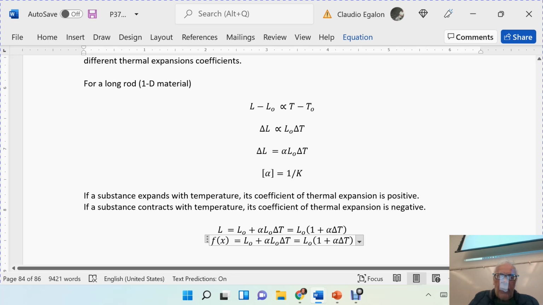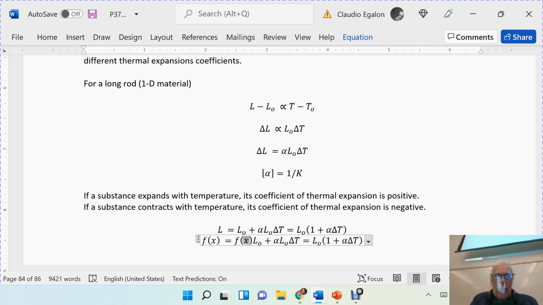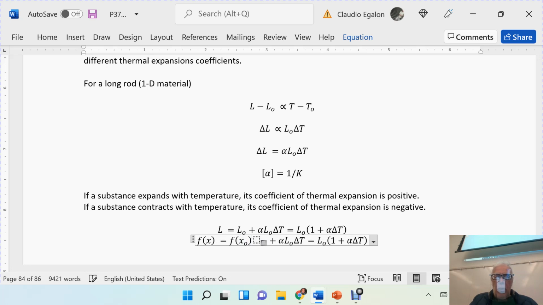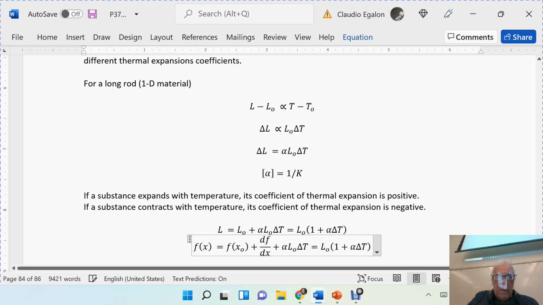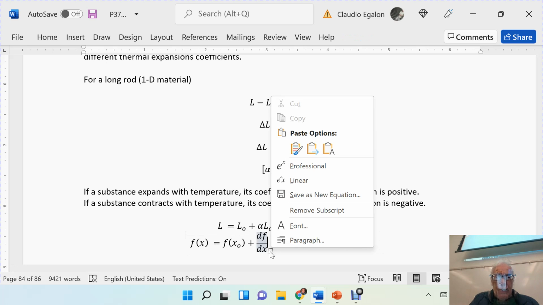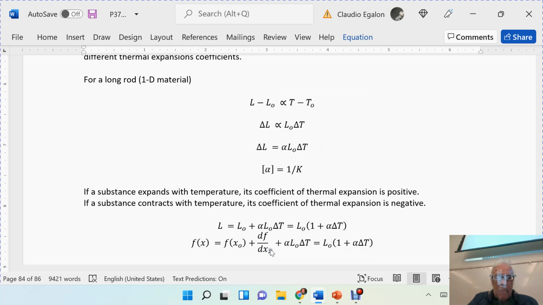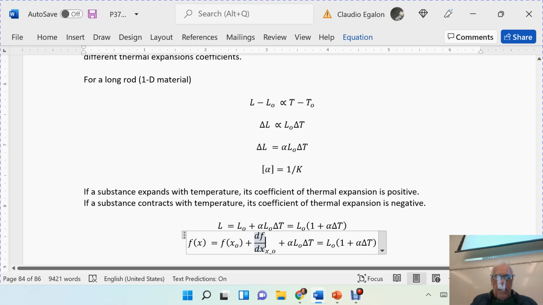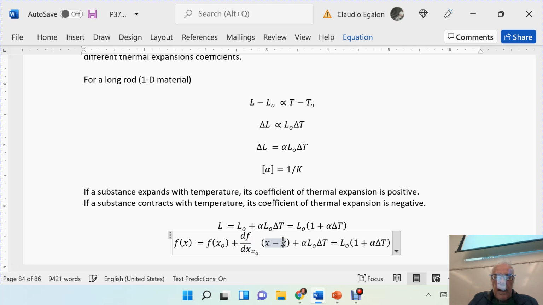A function f can be written in terms of a Taylor series expansion as f calculated at x naught, plus the derivative of f with respect to x calculated at x naught, times x minus x naught.